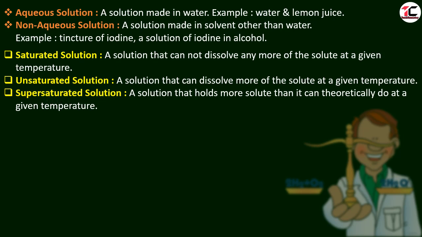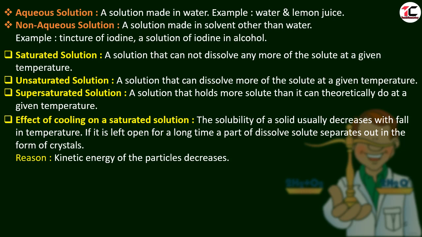Supersaturated solution, a solution that holds more solute than it can hold theoretically. That means what is the maximum amount it can hold, then it is saturated. But if it has more than the saturation, then it is called supersaturated solution. But the condition is at the given temperature. That means temperature should not be changed.